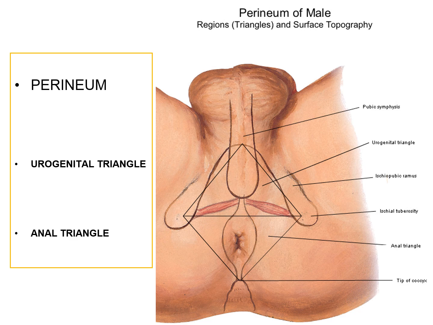In females, the urogenital triangle contains the openings of the urethra and the vagina. In males, the distal part of the urethra is enclosed by erectile tissues and opens at the end of the penis. Posteriorly is the anal triangle. It contains the anal opening.